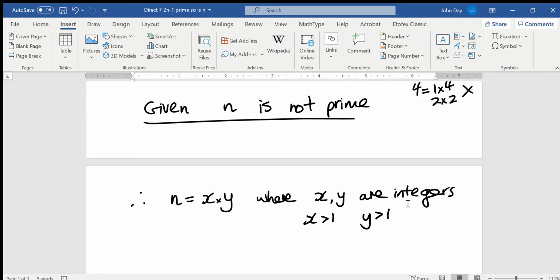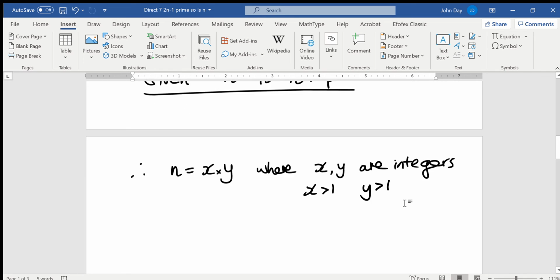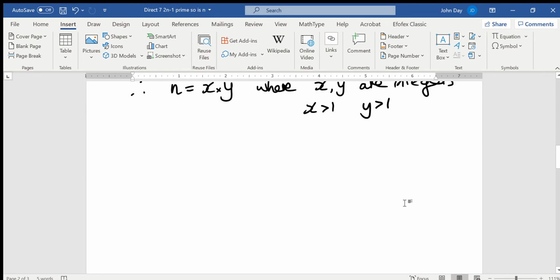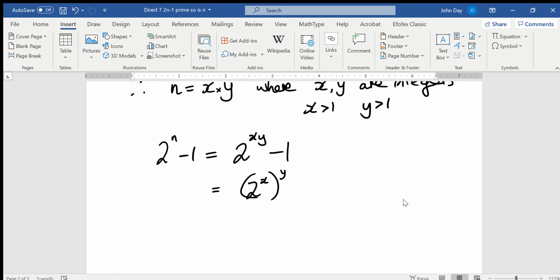They're two numbers that multiply together to equal n, because it's not prime, so it has factors that aren't 1 and itself. So 2 to the n minus 1 is the same as 2 to the xy minus 1, so that's 2 to the x, to the y, minus 1.